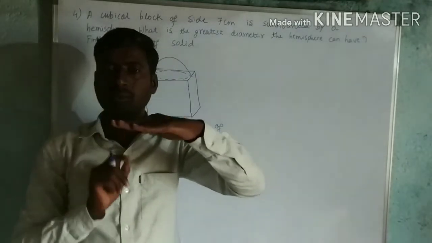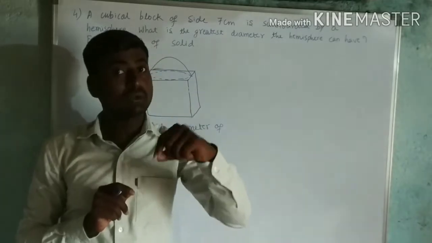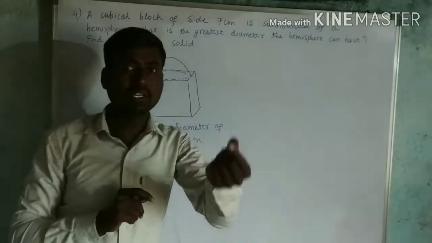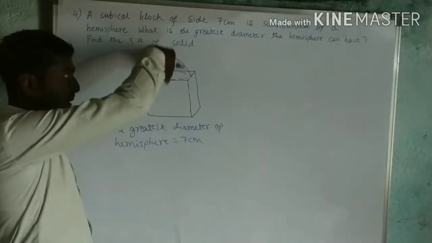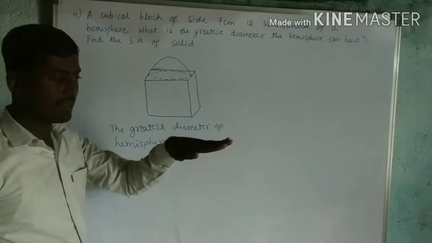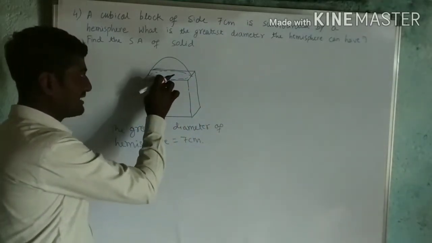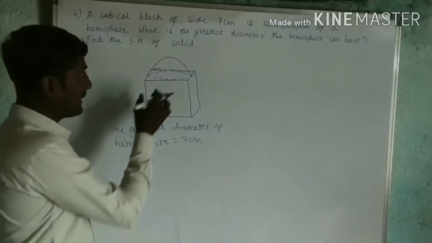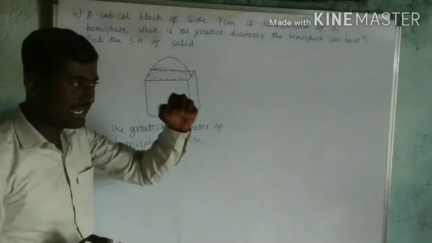But one thing you should remember, the surface area is nothing but the area that we can touch. So on this top, we are going to keep the hemisphere. This area I cannot touch, because on this top we are going to keep some other material. But I can touch this area. This is the curved surface area of the hemisphere. That I can touch. Okay.